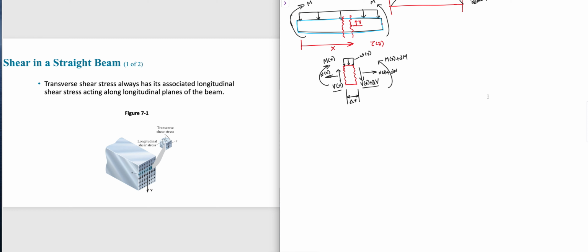Supposedly both have to be the same, because they have to balance one another. Our major interest is basically in V of X plus delta V. So what I'm going to restrict my discussion to is only V of X and the contribution of M towards shear.